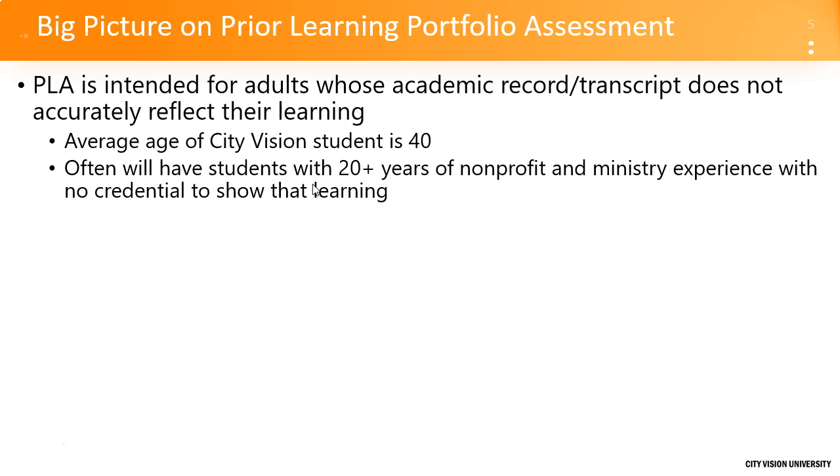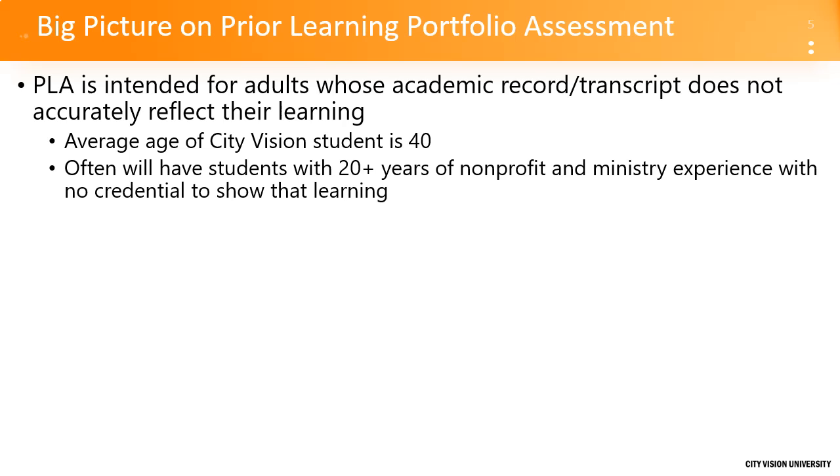It's really intended for adults. Accreditors allow the prior learning assessment portfolio process to exist because they recognize that sometimes, especially for older adults, a transcript, which should be an accurate reflection of what you've learned related to academic topics, doesn't capture everything.